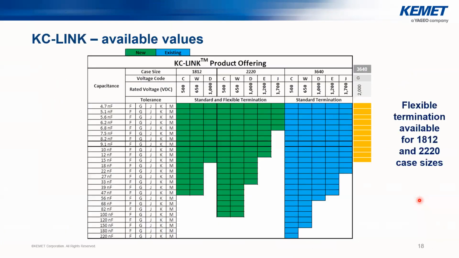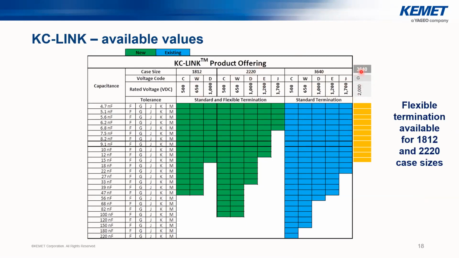So here is the waterfall table of this series, and we have different footprints: 1812, 2220, and 3640. At the beginning, we started with releasing these big footprints, but then we released the 1812 and 2220.